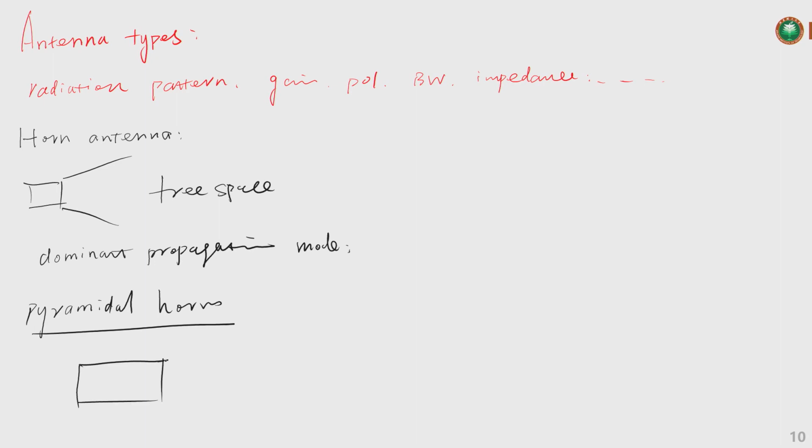This pyramidal horn is usually used as a standard gain horn.